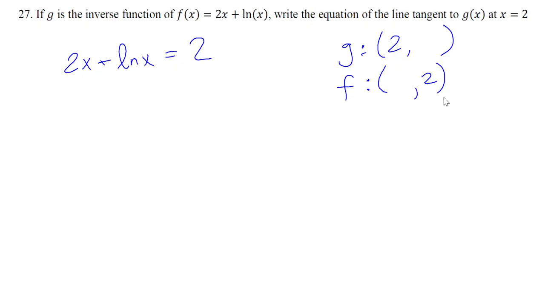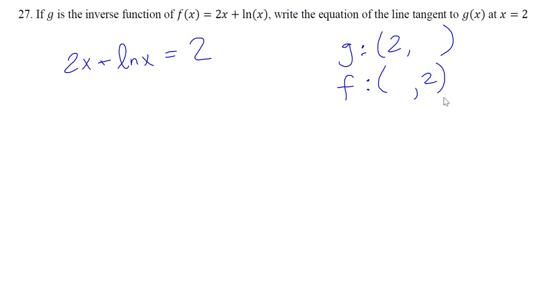Well, this looks like it's going to be exceptionally difficult to solve, except that we know that the only two numbers that are easy to deal with, that get rid of a natural log and turn it into a whole number, are the natural log of e, which is 1, and the natural log of 1, which is 0.